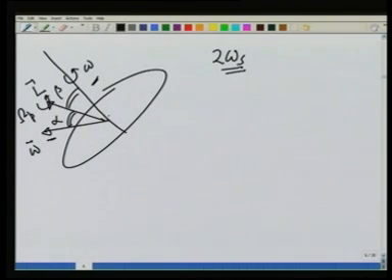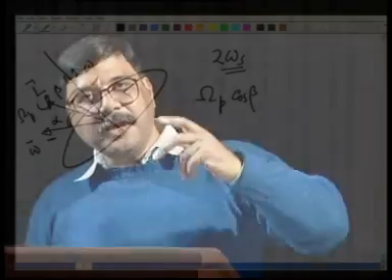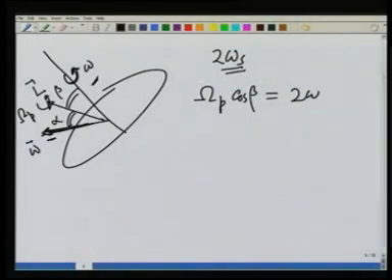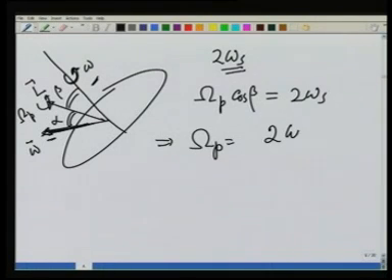Decompose omega p along this spin axis, and that gives you a component omega p cosine beta, and that is really the rate at which the omega vector is rotating about the spin axis, because this is rotating like this, and this component of this omega precession along this gives me the rate at which omega rotates about this, and therefore, this should be equal to 2 omega s, and this gives me omega precession equals 2 omega s over cosine of beta.